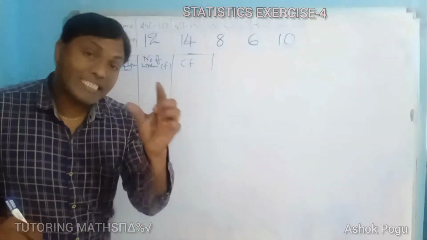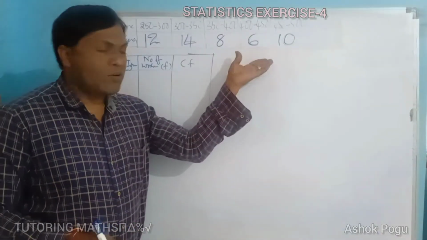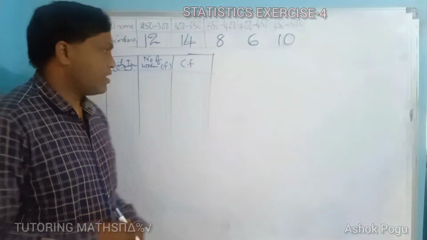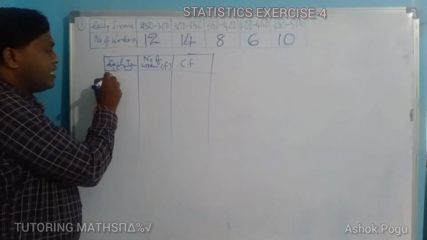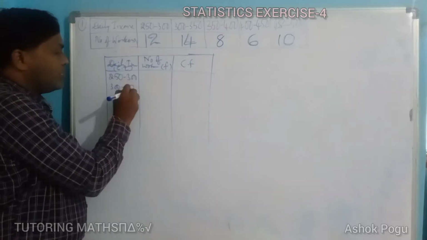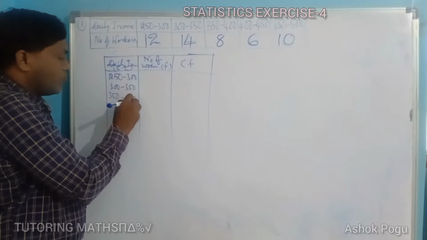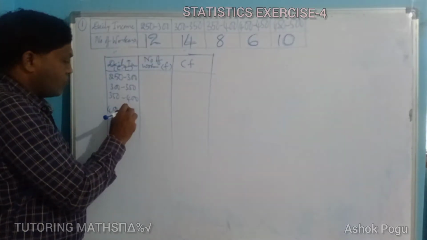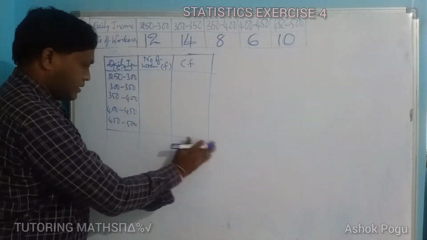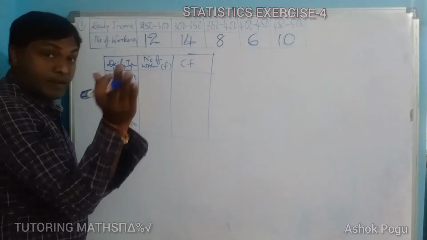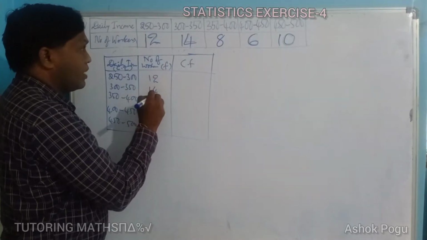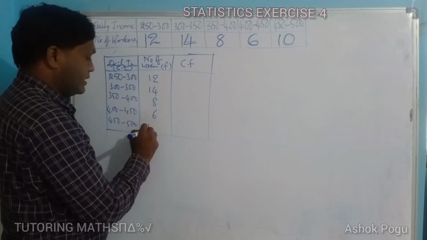This is also called less than cumulative frequency because we are going to draw the less than type ogive curve. So the class intervals are 250 to 300, 300 to 350, 350 to 400, 400 to 450, 450 to 500. The number of workers, which is the frequency, are 12, 14, 8, 6 and 10.